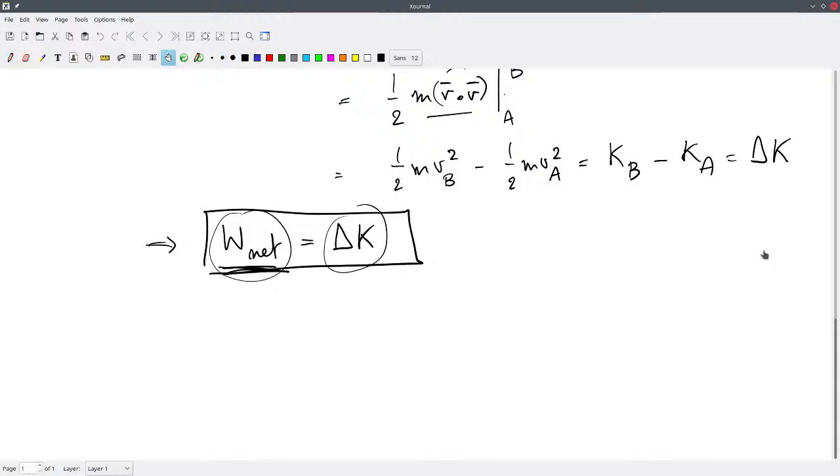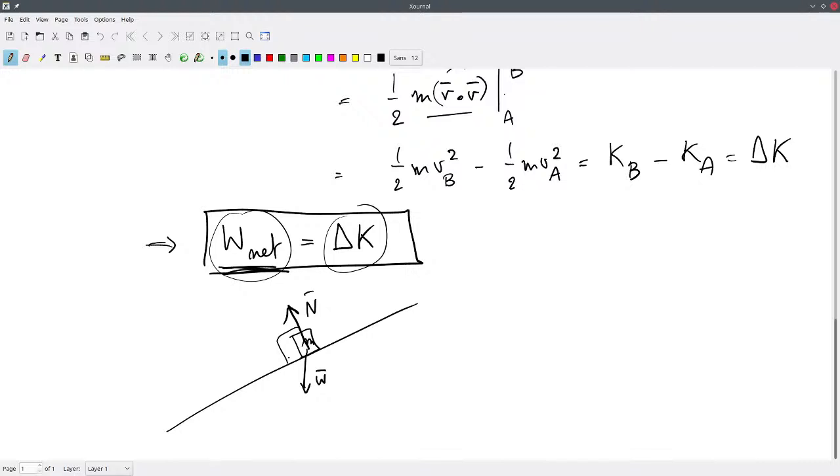So look at an example of a mass that is sliding down an inclined plane. So we have a mass m, and there's a force due to gravity, so the weight is working vertically downward, and there's a normal force that is perpendicular to the inclined plane.